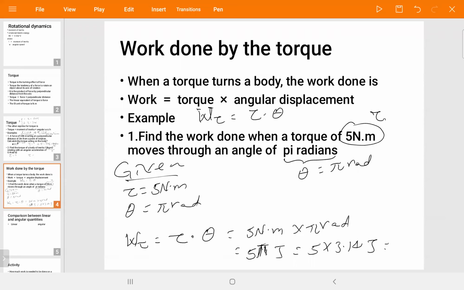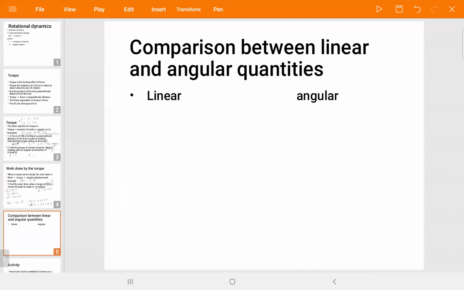The force needs to produce a displacement. Then the product of force and displacement gives linear work done, or work done by a linear force. Whereas work done by a torque, or by a rotating object, is the product of torque times angular displacement.